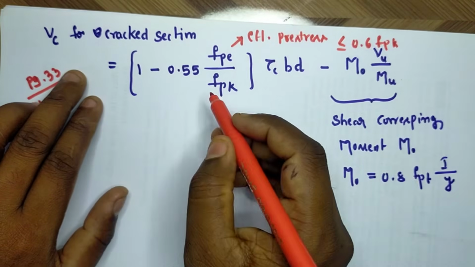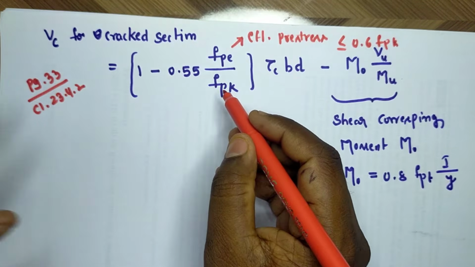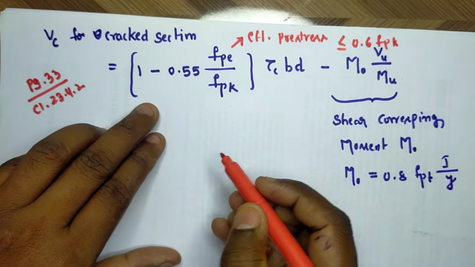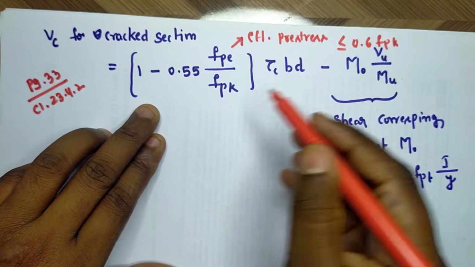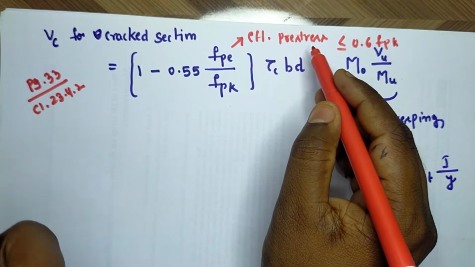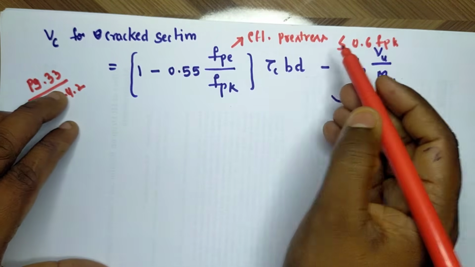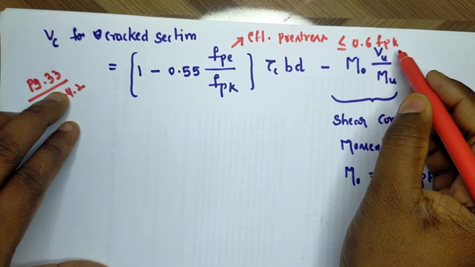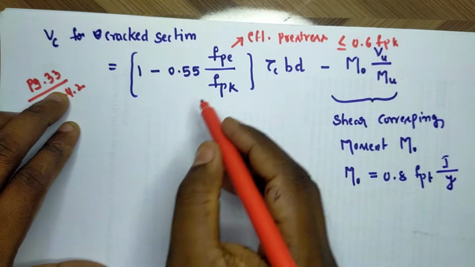Effective prestress means prestress after all losses, and this value should be less than or equal to 0.6 fpk.